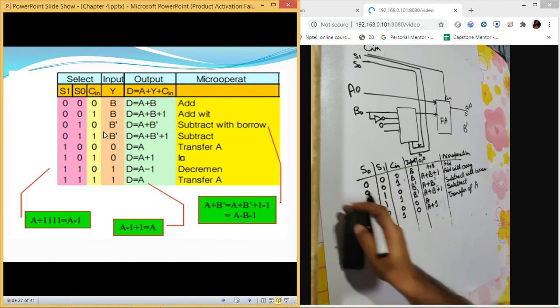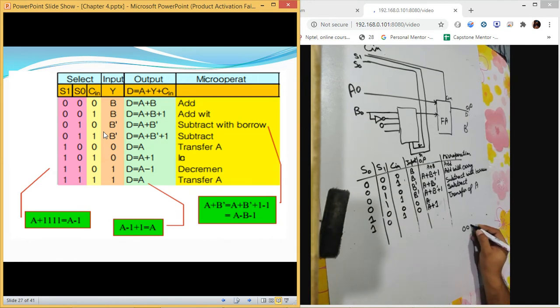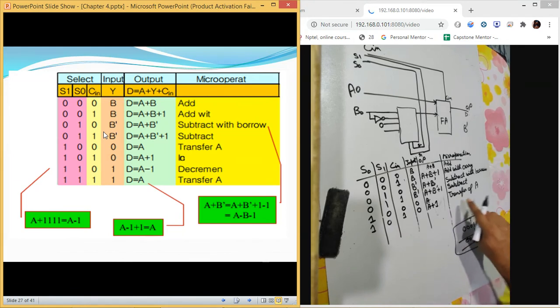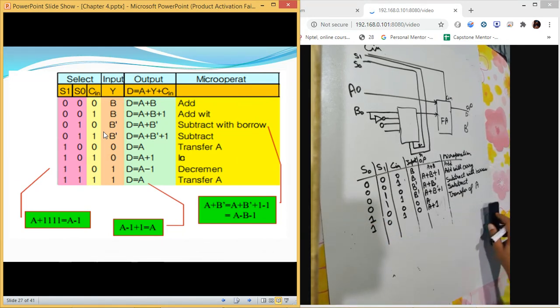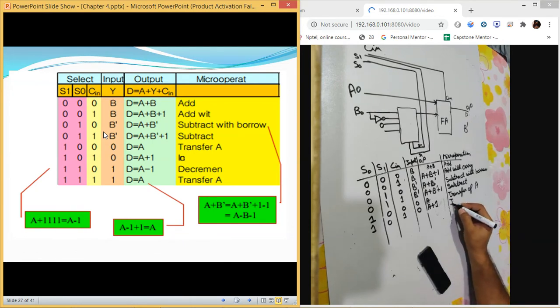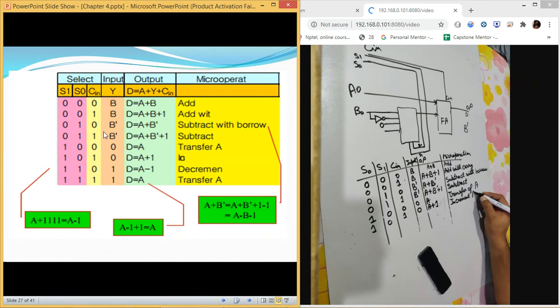So what does it mean if I have a value of A as 001 and add 1 into it? It is simply an increment of value A. So we are going to perform the increment of value A in this case. So this operation will become increment of A.